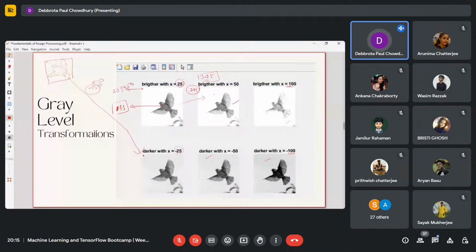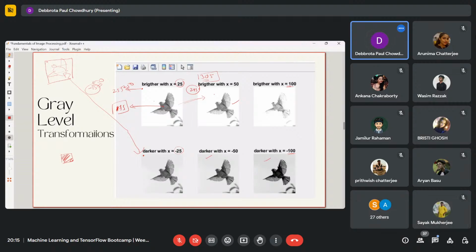Very contrast is when you are using a mix of black and white. Oh, this color is red, okay. So if you are using just a combination of black and white, that is the most contrast image.